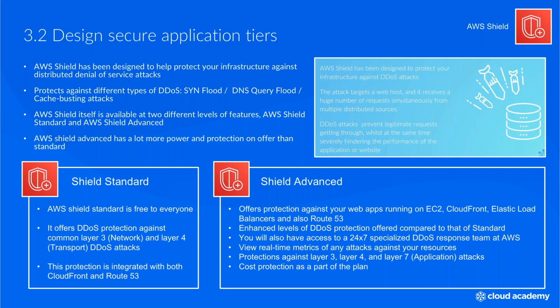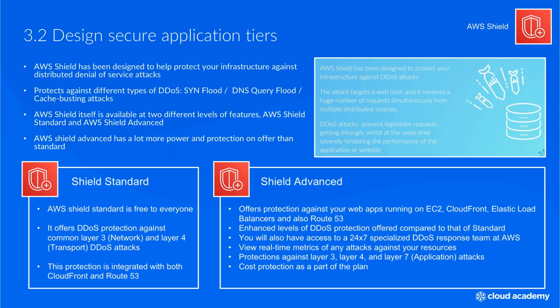There are a number of different types of DDoS attacks that can take place, for example, a SYN flood, a DNS query flood, or a cache busting attack. The main point I want to make about Shield is that it offers 2 levels of protection: standard and advanced. Standard is available to everyone, and it offers protection at layer 3 and layer 4, and it integrates with both CloudFront and Route 53.